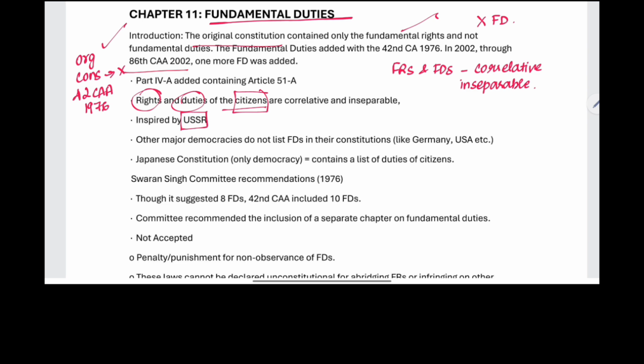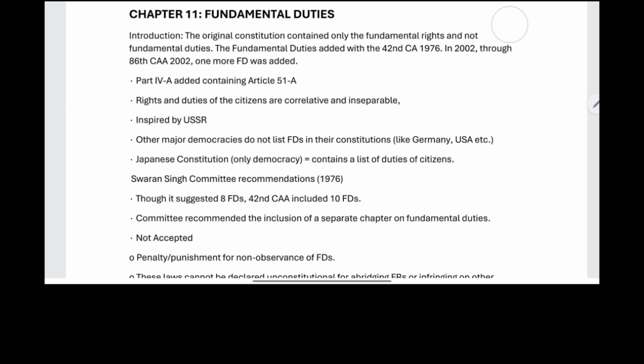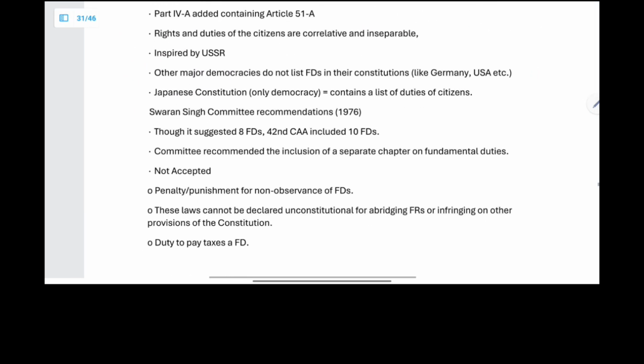The 86th Constitutional Amendment Act of 2002 added one more fundamental duty. They belong to Part 4A of the constitution, Article 51A.